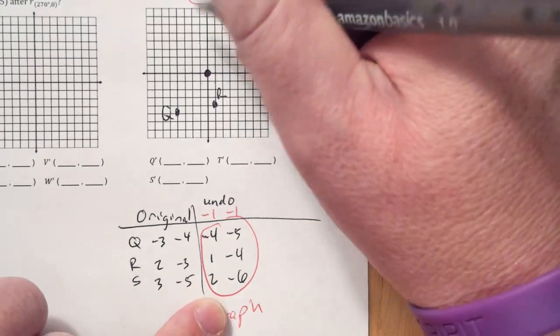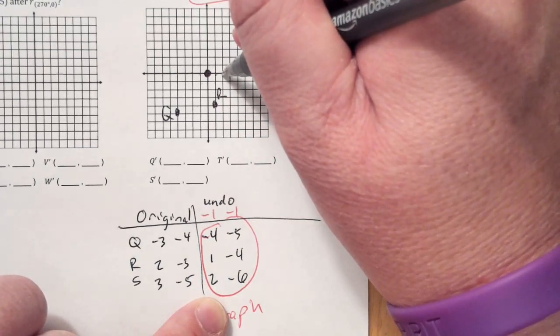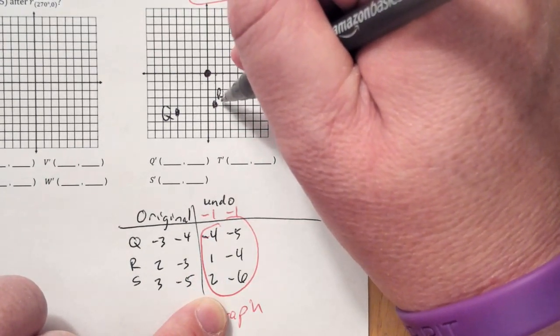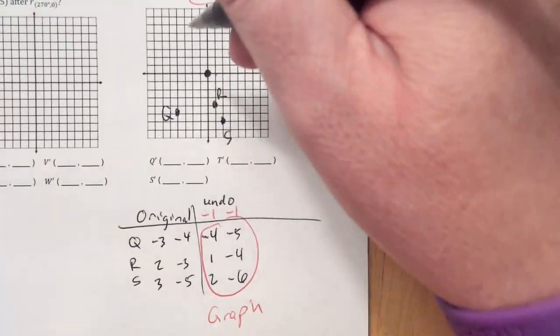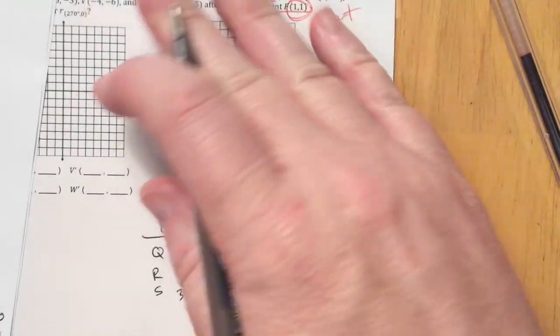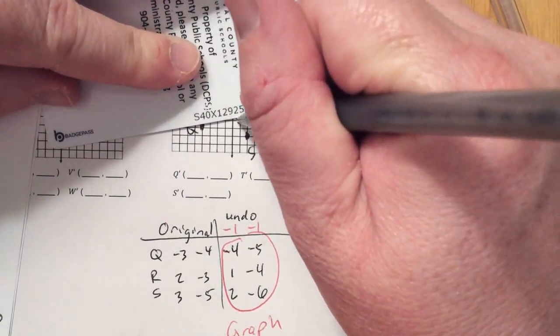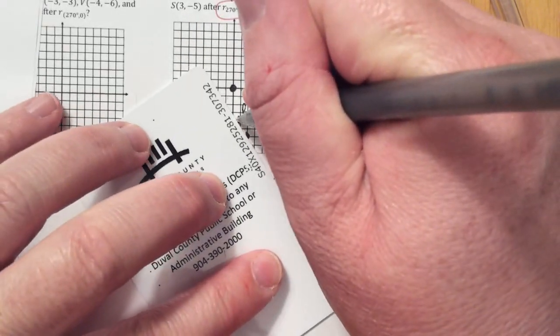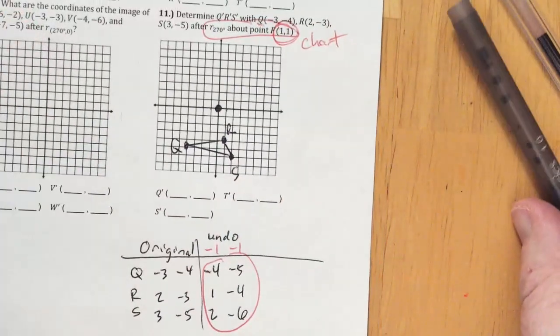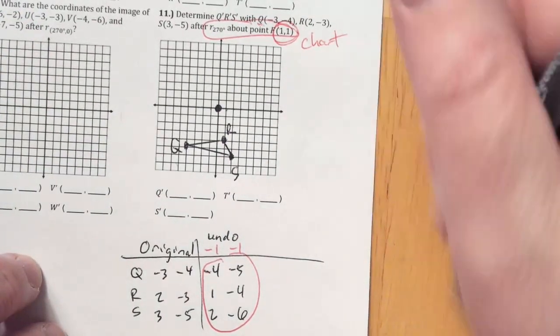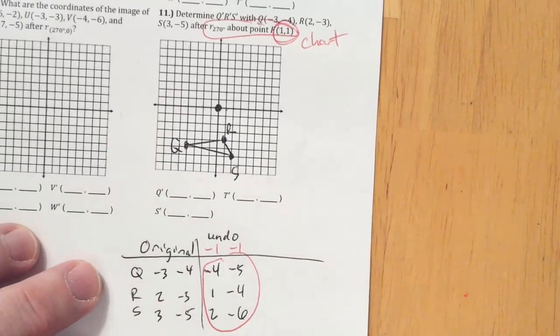That's my R. And we have +2, 1, 2, -6, 1, 2, 3, 4, 5, 6. So that's my S. We're going to take those coordinates and connect the dots. Right there. Awesome.